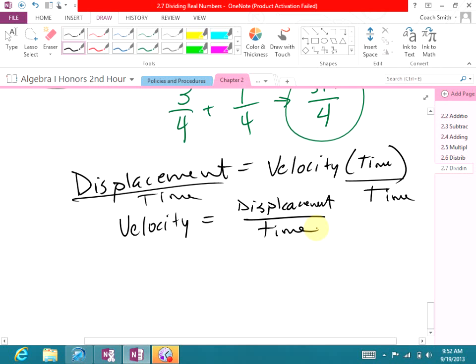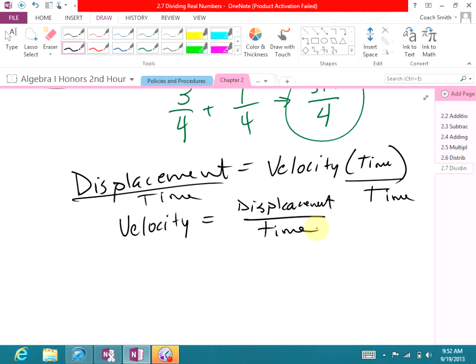They're going to give you some problems today where you have to find the velocity, how fast they're ascending or descending, and it's simply the displacement, how far did they go, over the time. It's a fairly simplistic problem dealing with rockets and things of that nature.